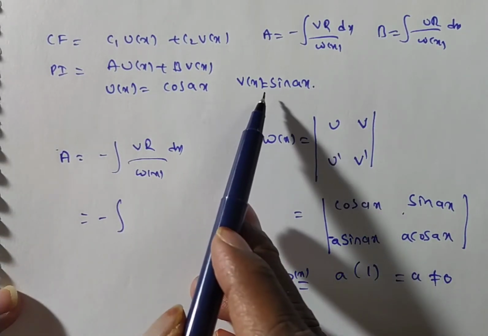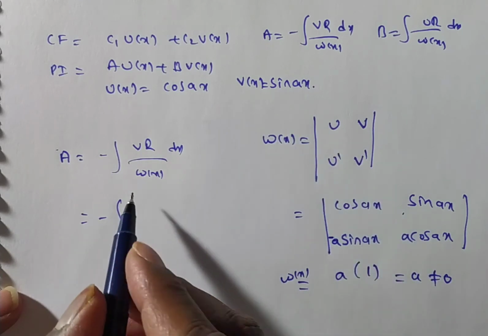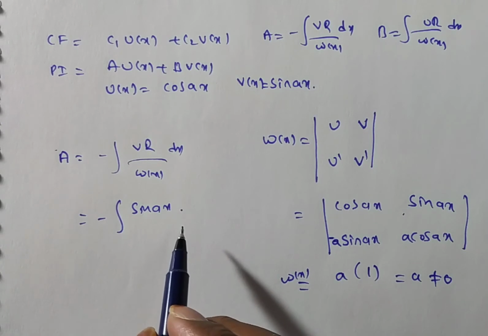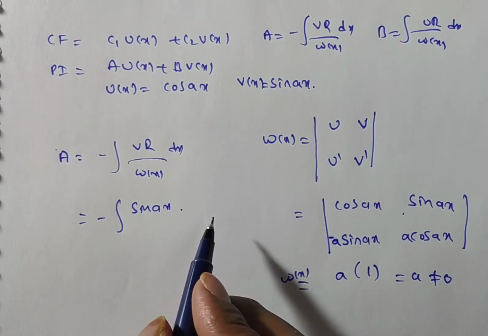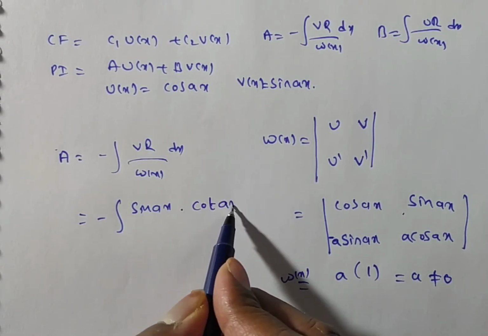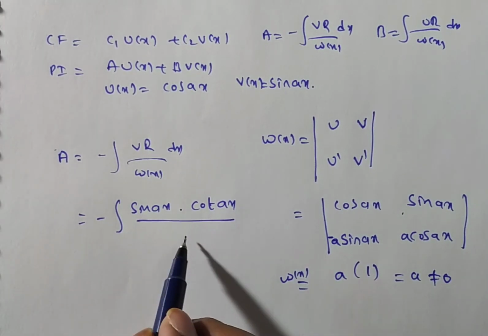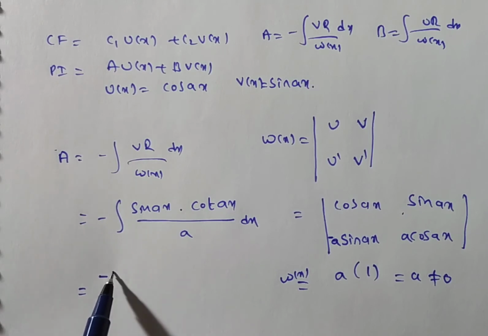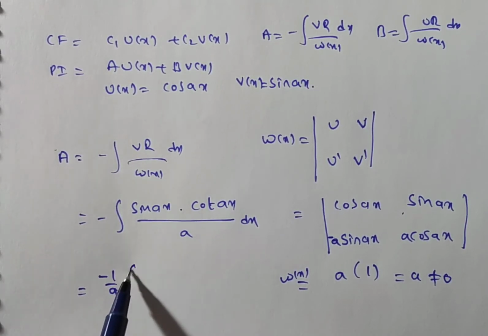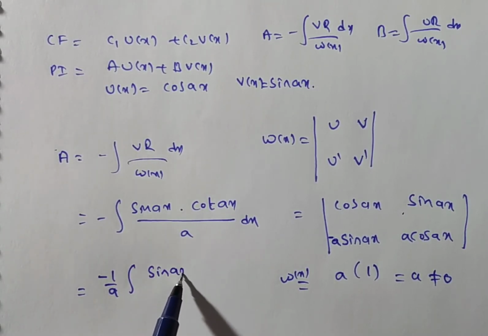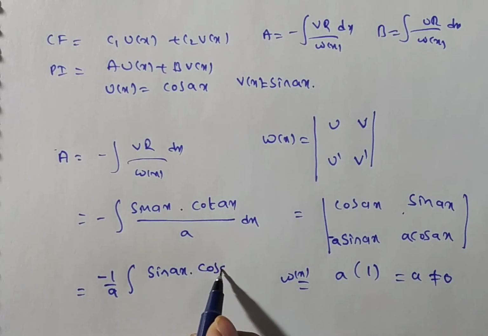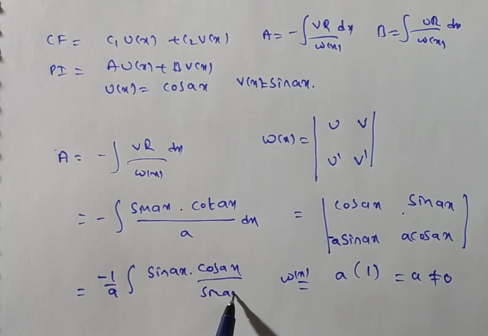The c2 coefficient, sin ax, into r of x. r of x in the given problem is given as cot ax, divided by the Wronskian a, into dx. This a is a constant, so I write it outside. Then I will have minus 1 by a times the integral of sin ax. What about the cot ax here? Cot ax you can write as cos ax by sin ax into dx.